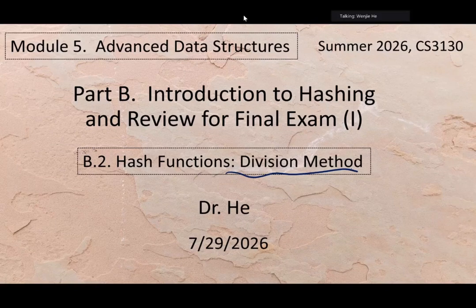Next time, I use 10 minutes to talk about multiplication method, then another 10 minutes for the collision problem. Because when you do hashing, you need to deal with a lot of collision cases, so I need to talk about the collision problem a little bit. Then we complete the topic.